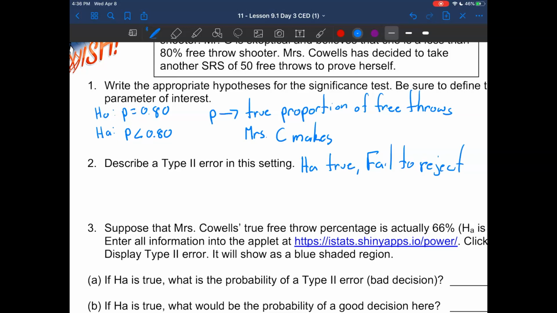So in this case, if the alternative hypothesis is true, that means Mrs. C is a less than 80% free throw shooter, but we decide that she really does shoot at 80%.